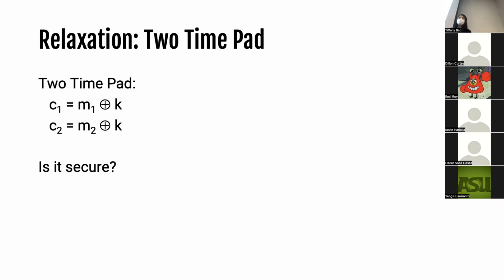And then we get C1 and C2, right? Say the attacker has C1 and C2, but the attacker doesn't have K. I want to ask you guys, is there a chance for the attacker to recover M1 and M2 using the information of C1 and C2 in a reasonable amount of time? Let's just assume that they're using English, okay? I will give you some time to think about it.